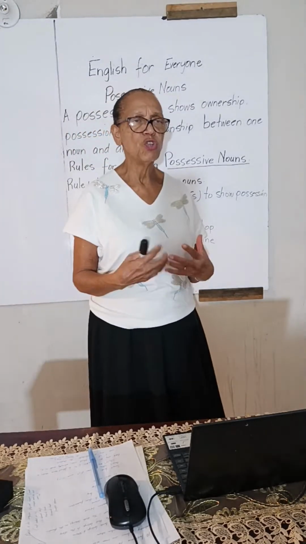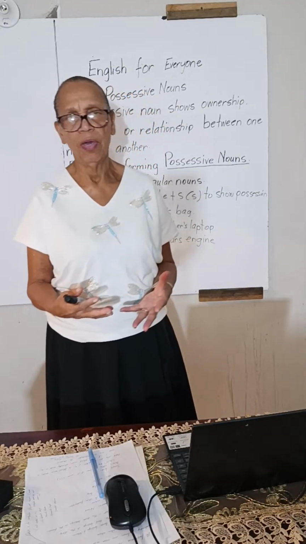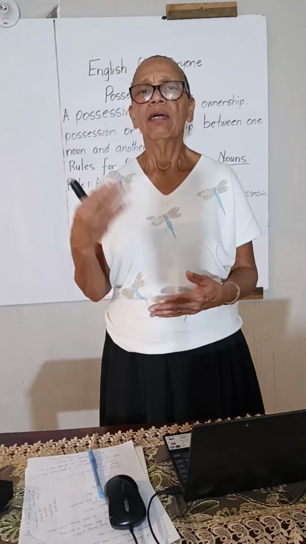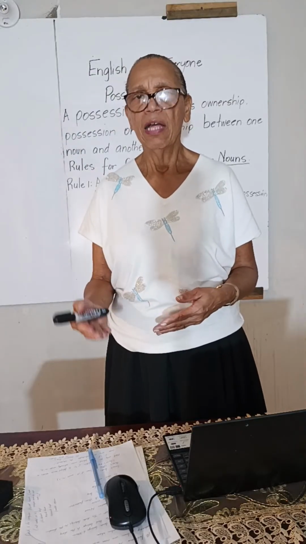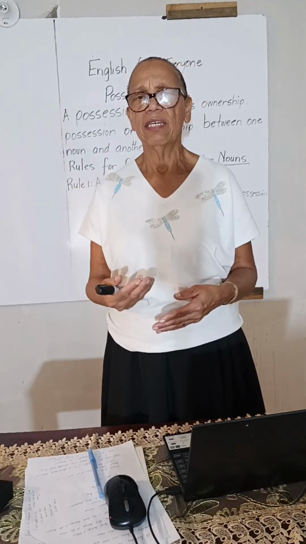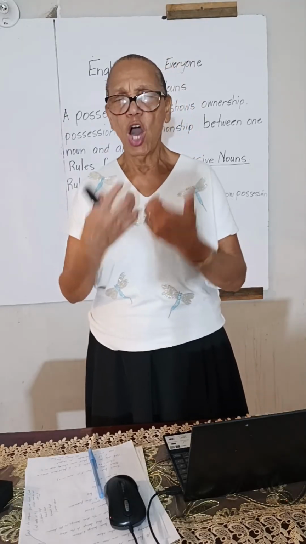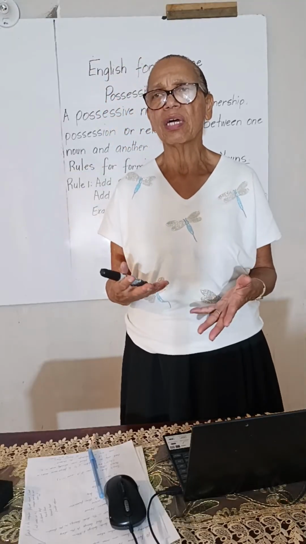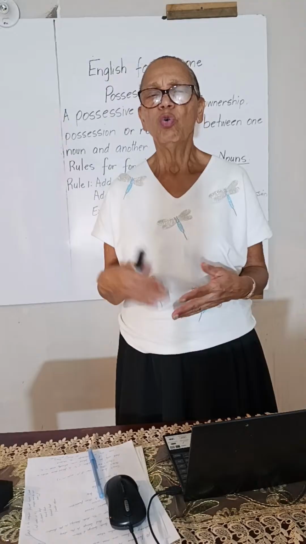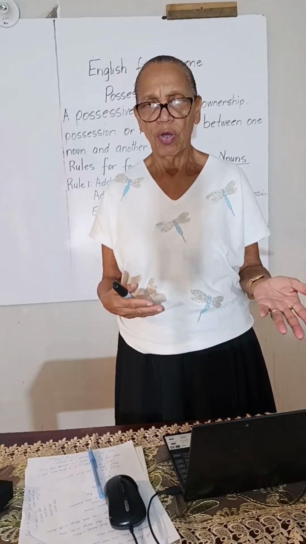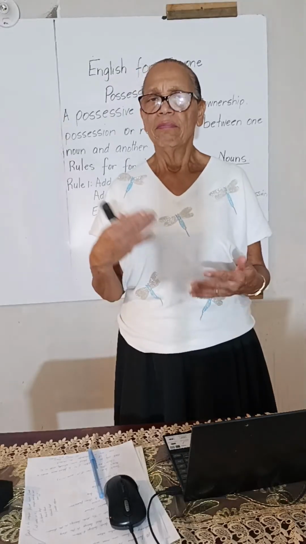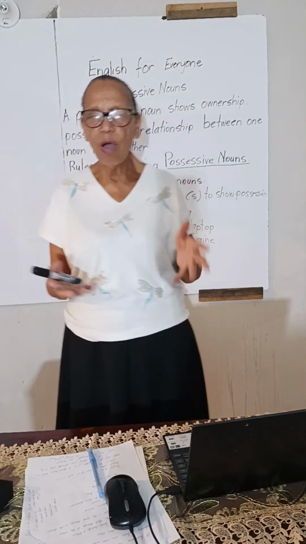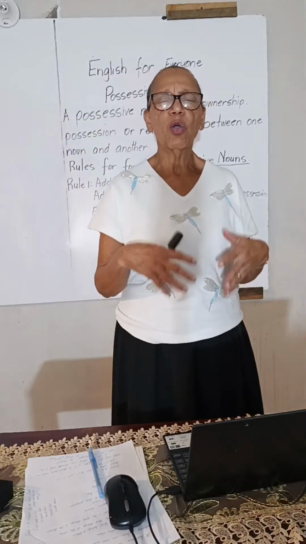Possessive nouns are nouns which show ownership, belonging. The cat's tail, the tail belonging to the cat. It answers the question whose. Whose book? Mary's book. Whose toy? Milton's toy. Whose box? Grandma's box. So it answers the question whose.